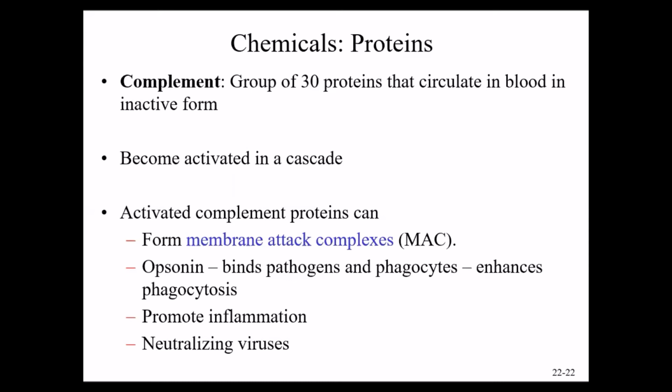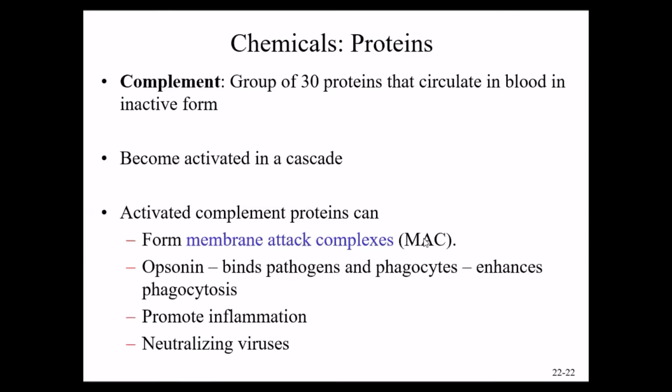They're normally not active in your bloodstream until you need them. And so there's usually a cascade, kind of a chain reaction type of effect whenever there's an infection, there's a problem inside the body. The first protein gets activated, and it stimulates other proteins that are part of this pathway to become activated. That usually forms what's called a MAC complex, a membrane attack complex.